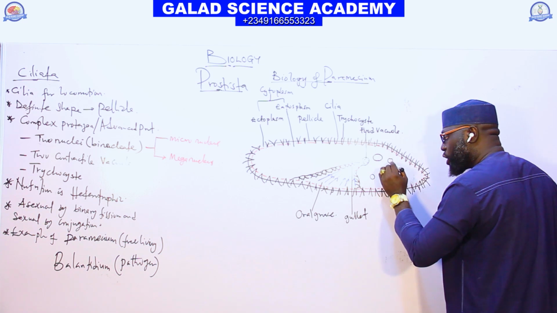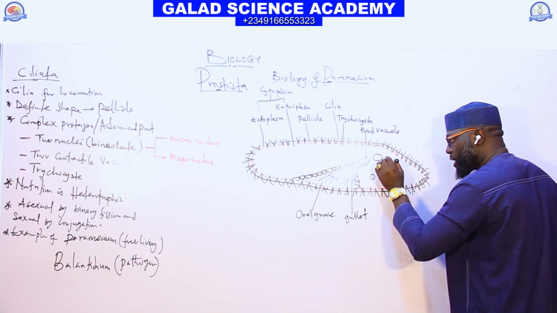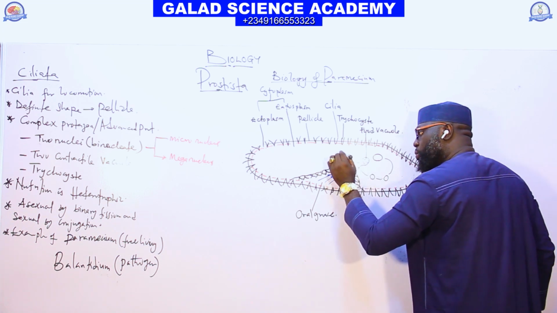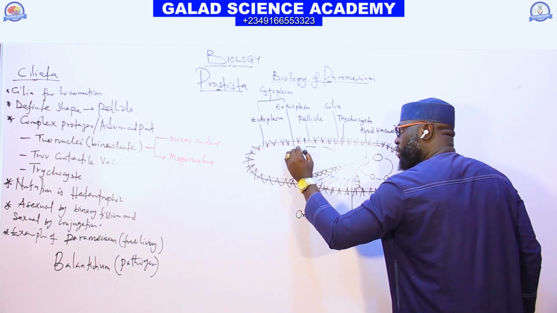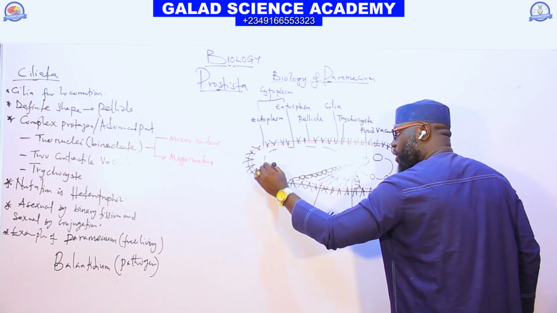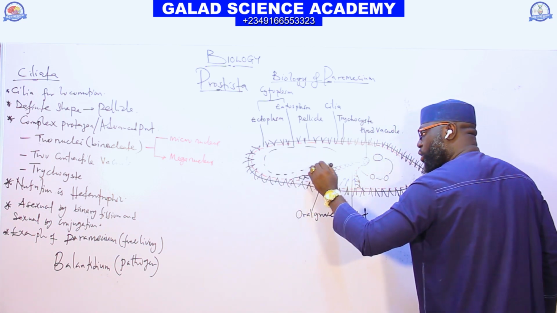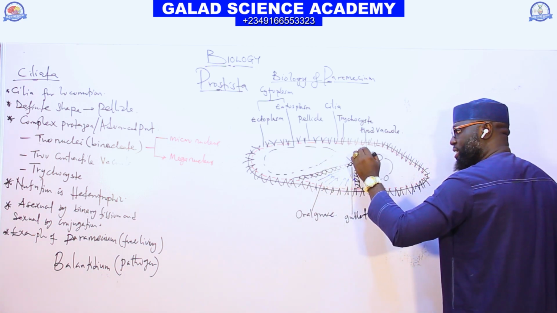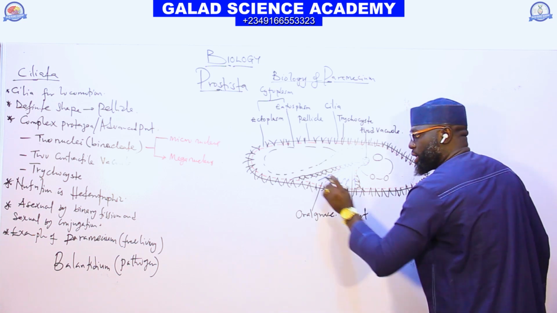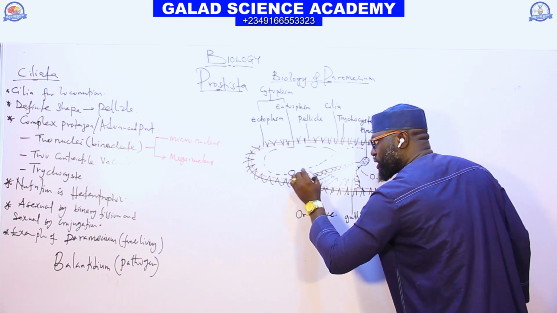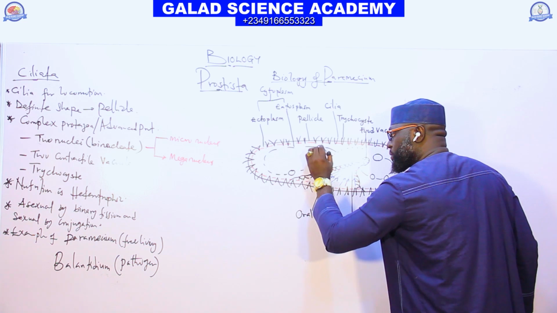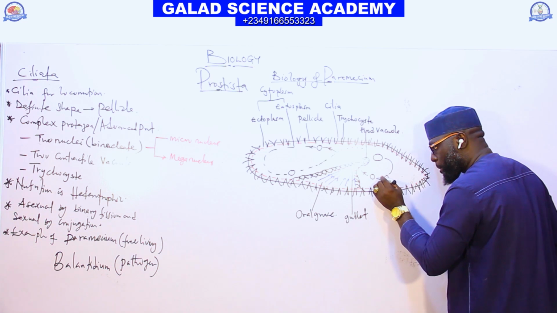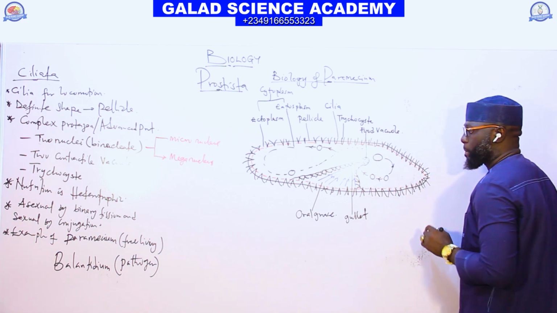So the food vacuole will just move like this. This direction of moving of food vacuole, it will move in the form of a figure 8 before it completes the cycle.